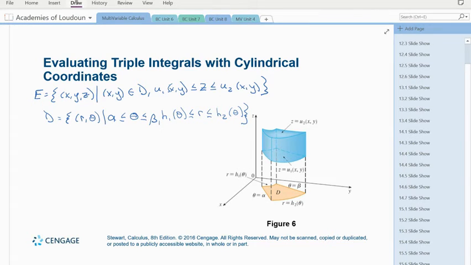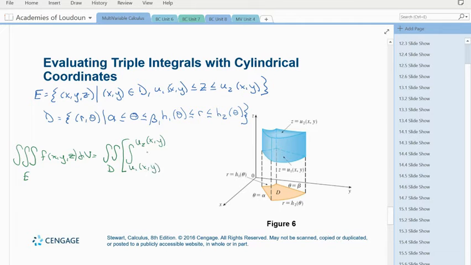And therefore, we know from our study of triple integrals that our triple integral over the region E of our function f of x, y, z dV can be defined as the double integral over the region D of our single integral with bounds of u1 of xy and u2 of xy, f of x, y, z, dz, dA.